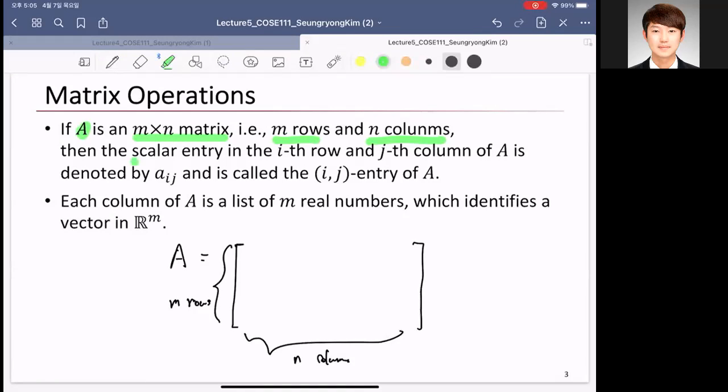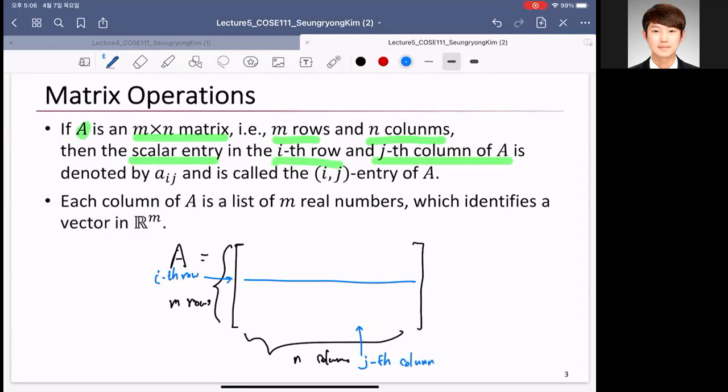Then consider a single entry in the ith row and jth column of matrix A. For example, this is the ith row and this is maybe the jth column.